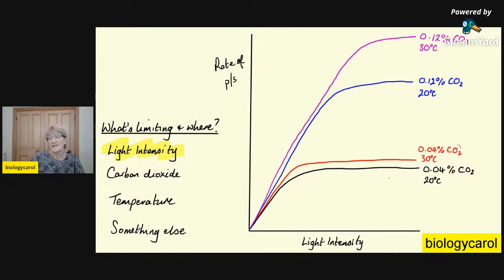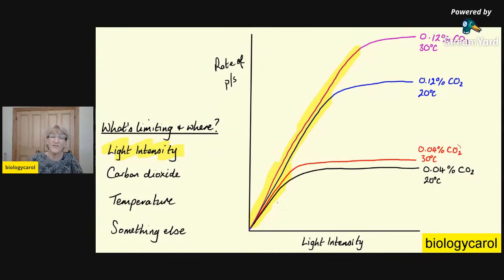Light intensity is the limiting factor anywhere where the lines are going straight up, but they are not yet plateauing. The proof of this is that as light intensity increases, so does the rate of reaction at each of these particular conditions.